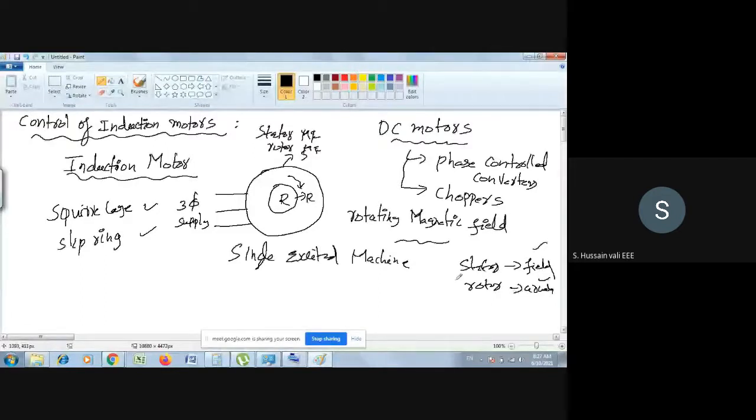DC motors are double excited machines, with one excitation for the field and another for the armature. Whereas your induction motor is a single excited machine, because you are giving supply only to the stator and not to the rotor.